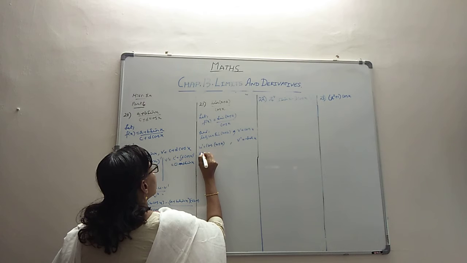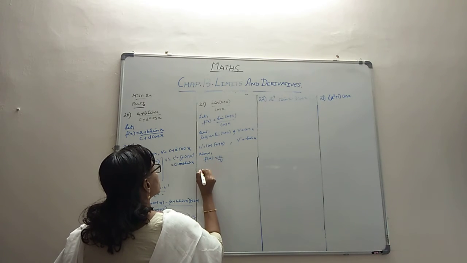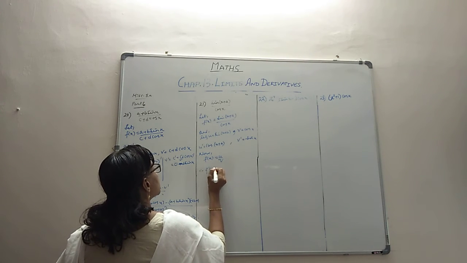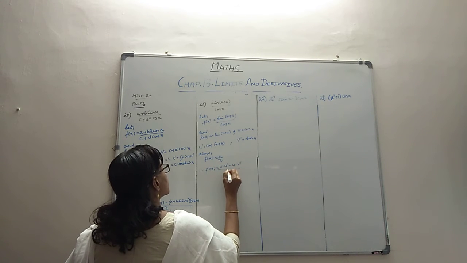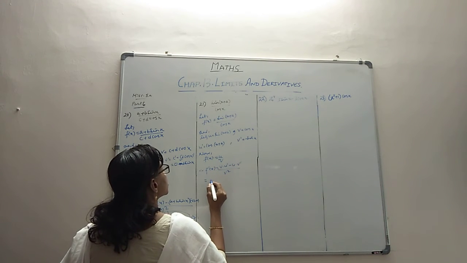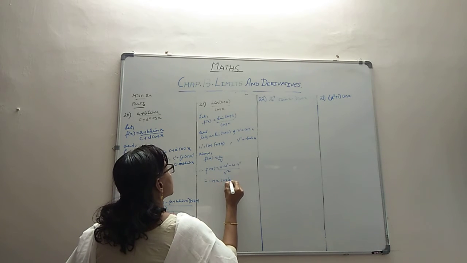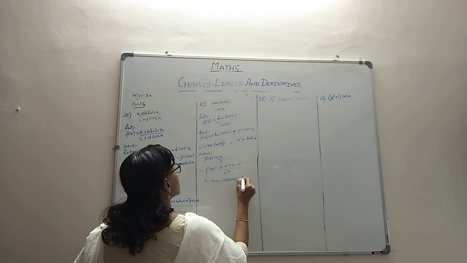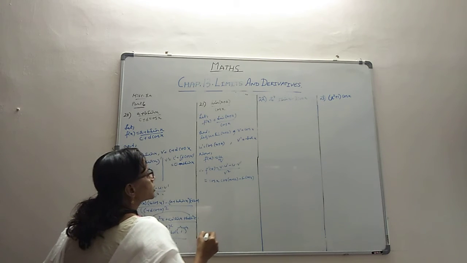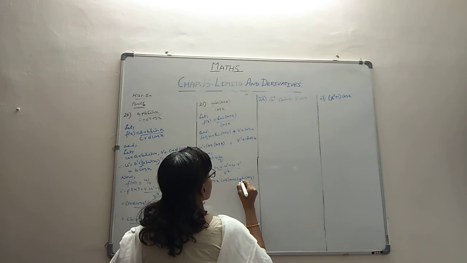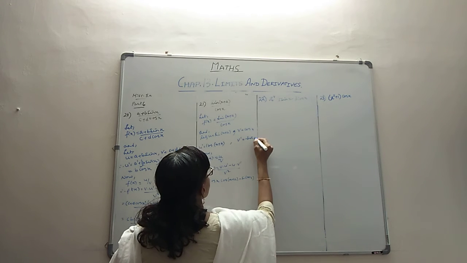So here you have f of x as u by v, so our derivative f dash x will be v into u dash minus u into v dash by v squared. Now v for us is cos x and u dash is cos x plus a. Then u for us is sin x plus a, and v dash for us is minus sin x.